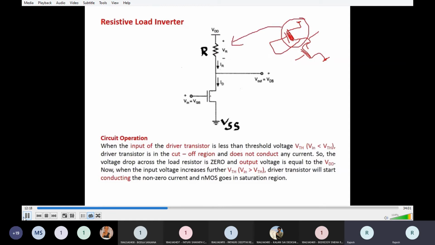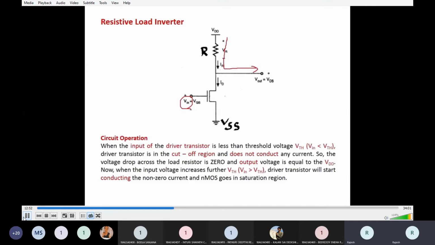In this case, if Vin is equal to logic 0, then this NMOS transistor turns off. Whenever Vin is low or logic 0, this transistor is off, meaning open circuited. In that case, VDD is directly connected to the output, hence you will get a high output.